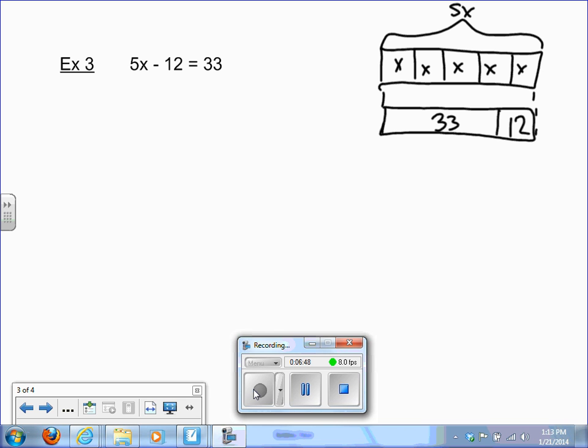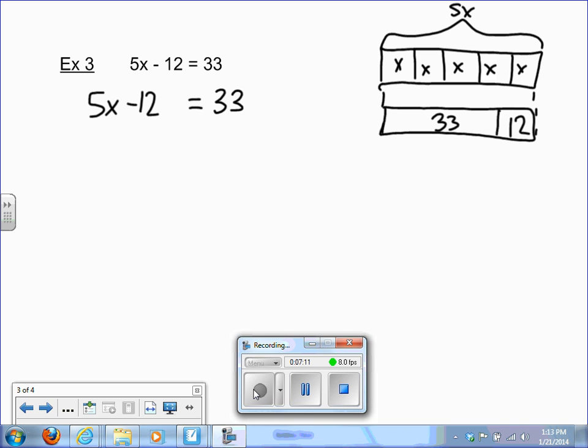Okay, in this problem, we see 5x minus 12 equals 33. So I recopy the problem. And now I need to figure out what I need to do to both sides. So, who can tell me what we need to do here to find out how much 5x is? Sanjeev?